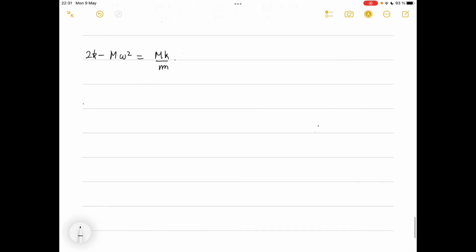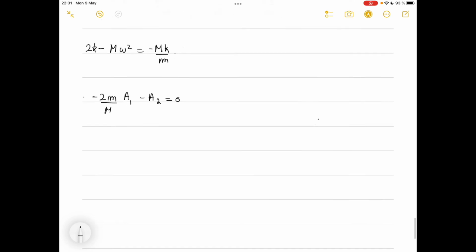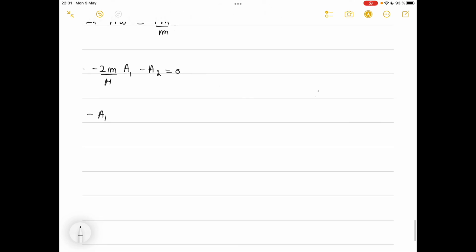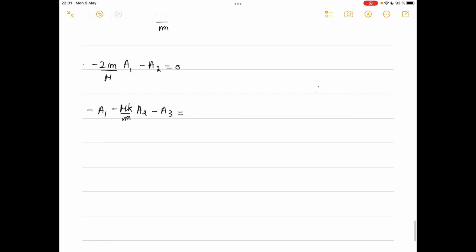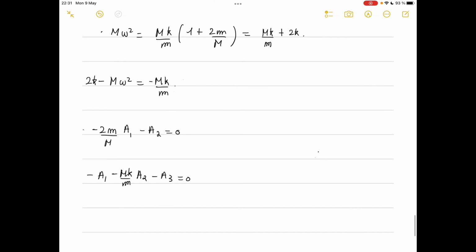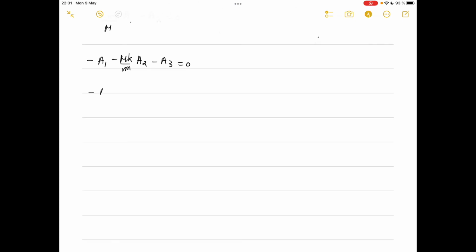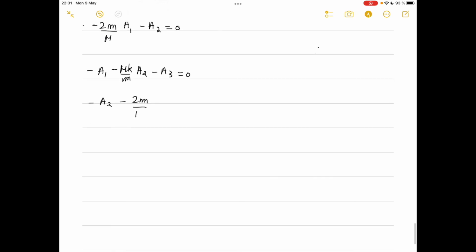So we just get minus 2m over M a1 minus a2 equals 0. Sorry, this should be a minus: minus a1 minus Mk over m a2 minus a3 equals 0. I divided all the equations by k just to go a bit quicker. And the last equation, minus a2 minus 2m over big M a3 equals 0.